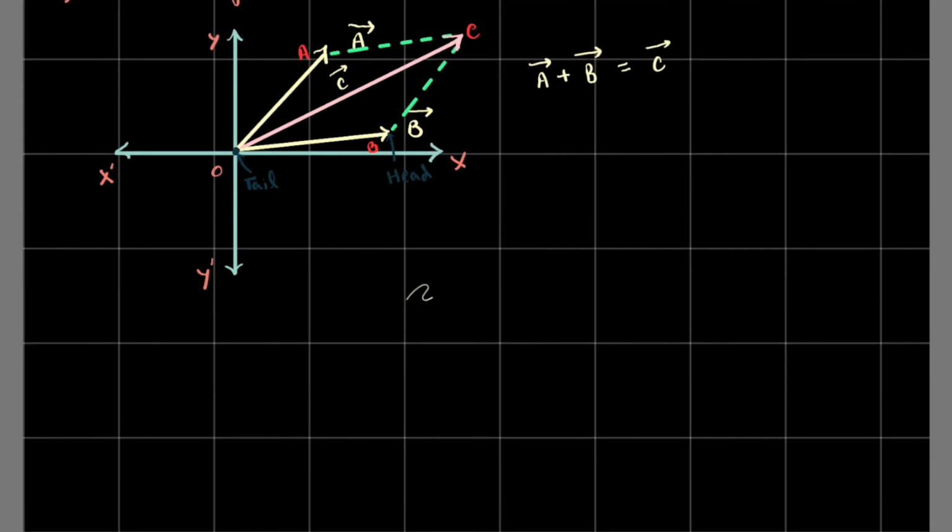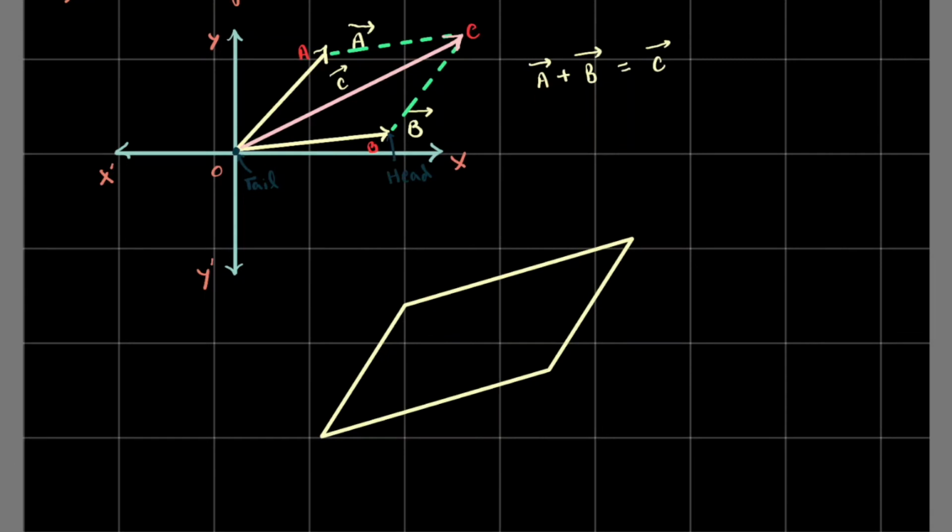Let's make another parallelogram right here. Yeah, that turned out pretty good. Okay, and let me make two of the sides dotted. Now that I have drawn this parallelogram, I have to join the ends by the major diagonal, right?